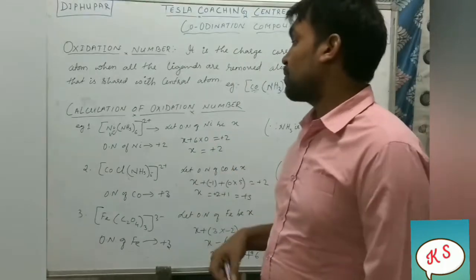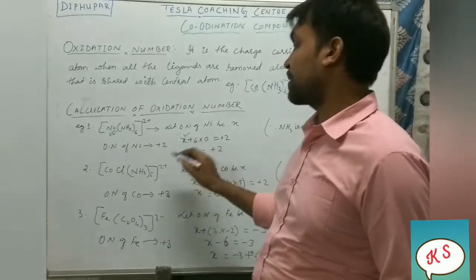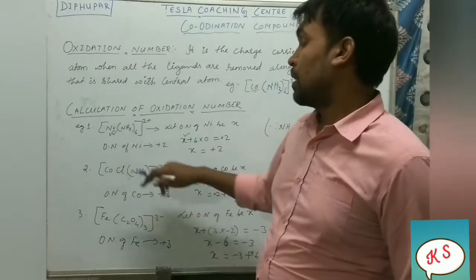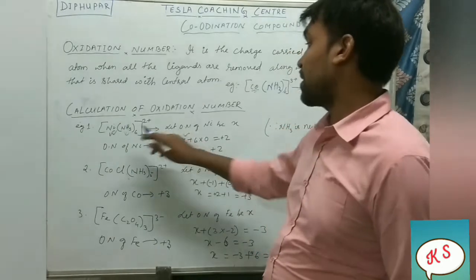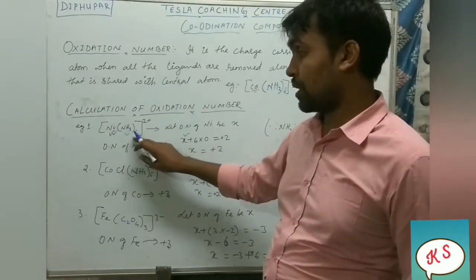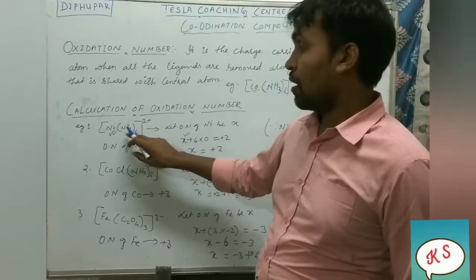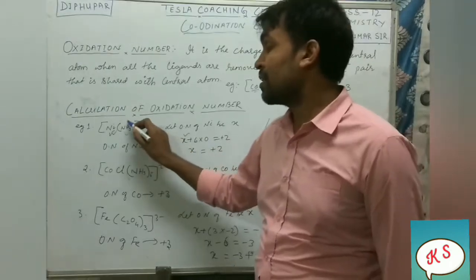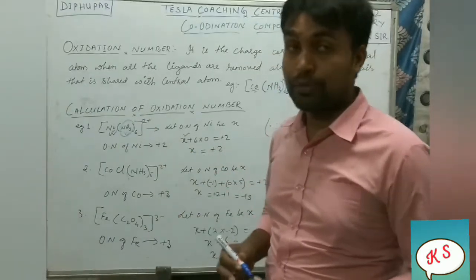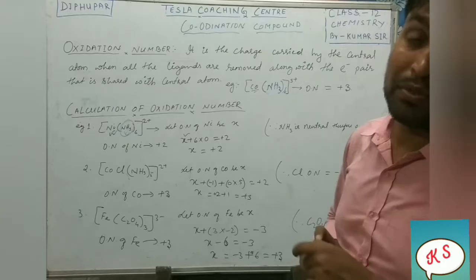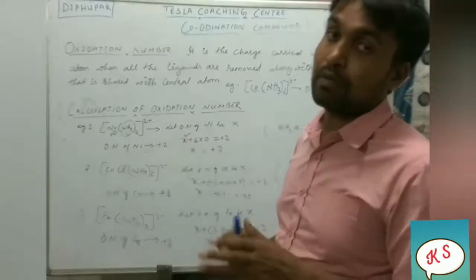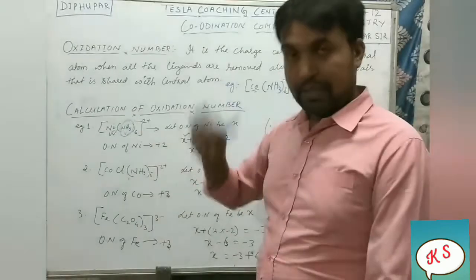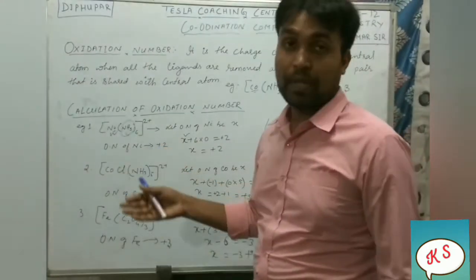After that, x, the oxidation number of the central atom, plus the ligands. How many ligands are there? What is the coordination number here? Here the coordination number is 6. So 6 into the oxidation number of NH3. Dear students, you should remember these points, because if you don't know this, it will be very difficult for you in this chapter. I will give you the list also, maybe after 1-2 days.